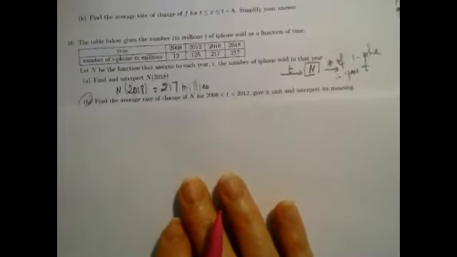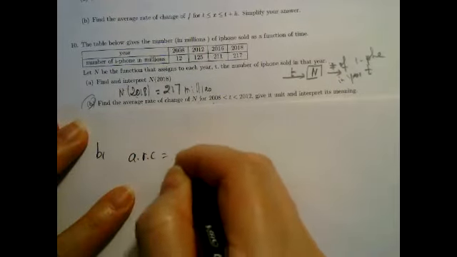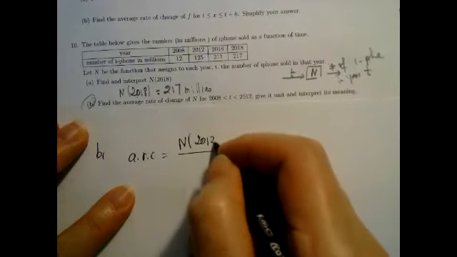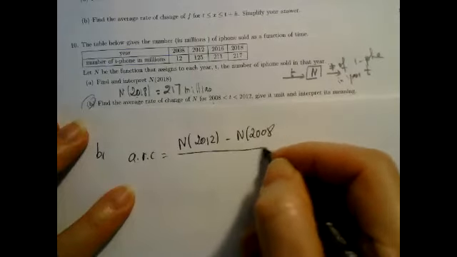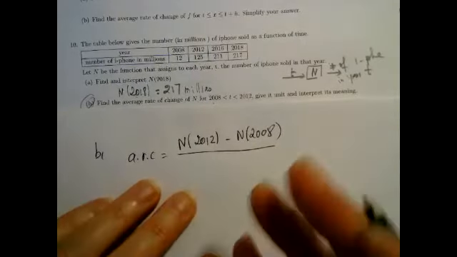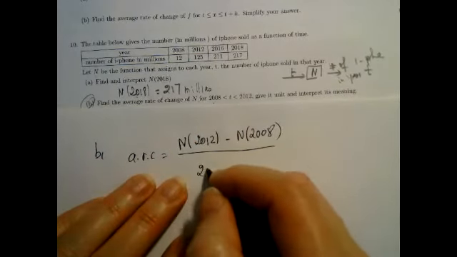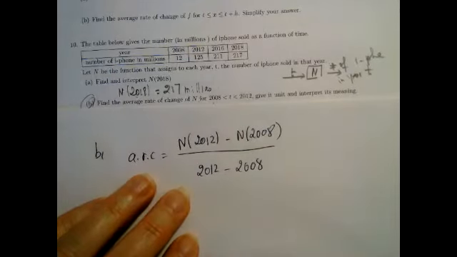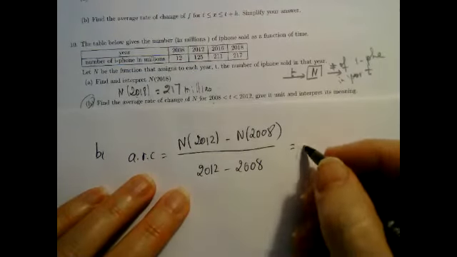The average rate of change means the number of phones in 2012 minus the number of phones in 2008, which is how much the number of iPhones increased by, divided by 2012 minus 2008, how long it took. That's how fast the number of iPhones is changing with time.